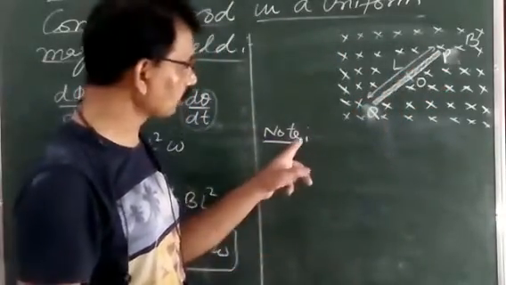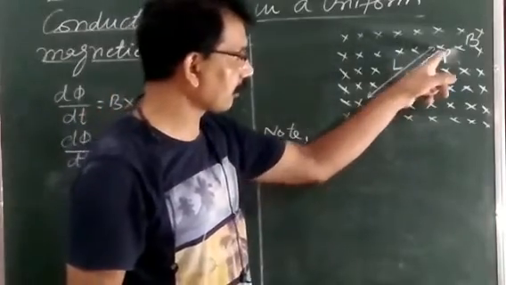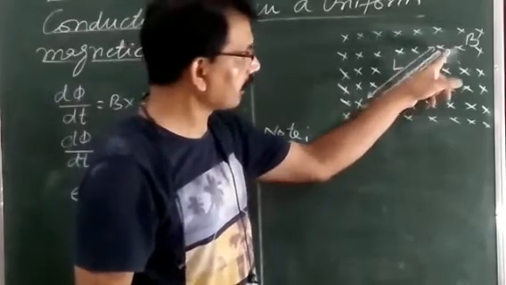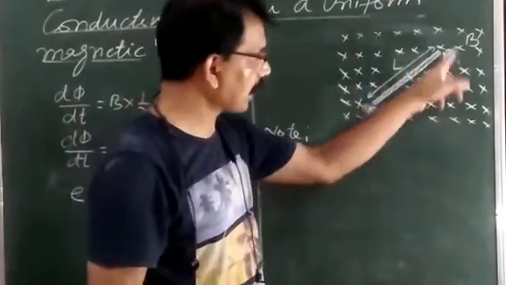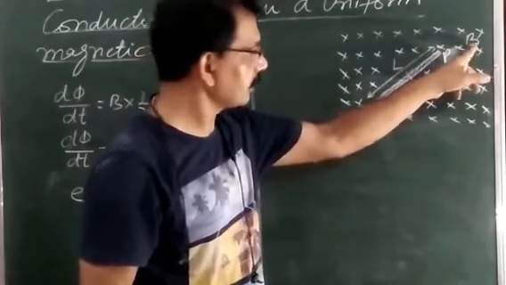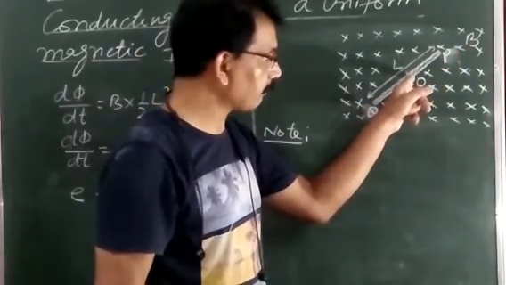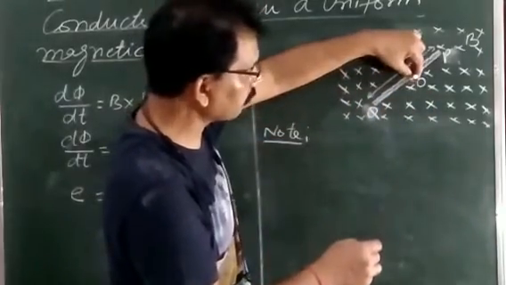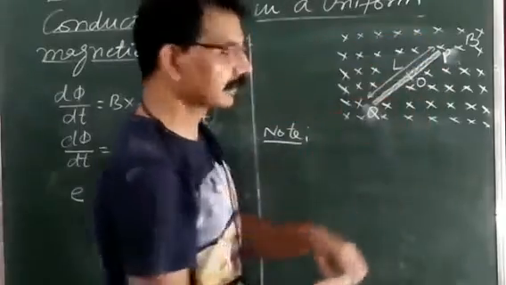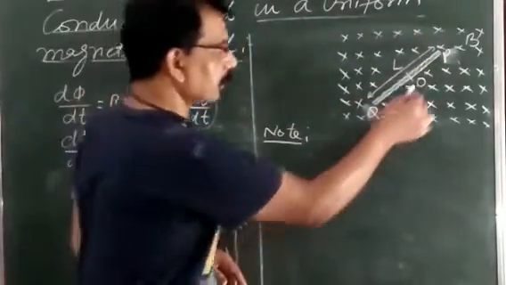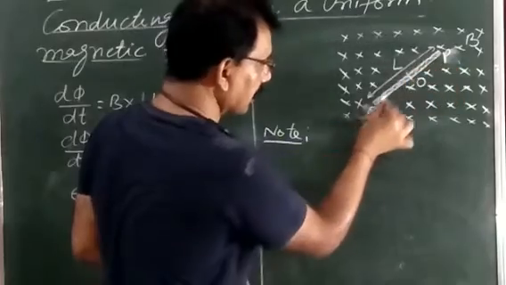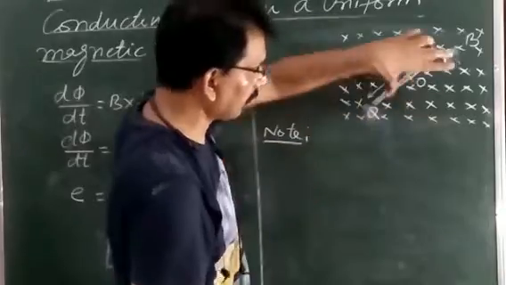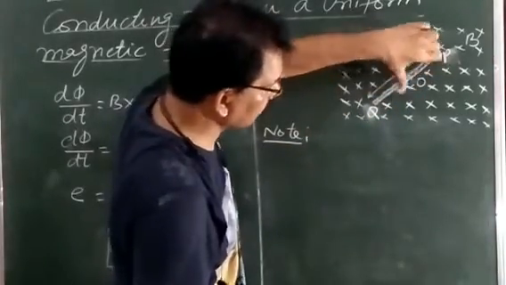What I am saying here, first notice: suppose a conducting rod PQ of length L is rotating with constant angular velocity omega in magnetic field B about the middle point O, perpendicular to its length. Here the whole rod PQ moves about O, so this one will be fixed and this one is rotated.